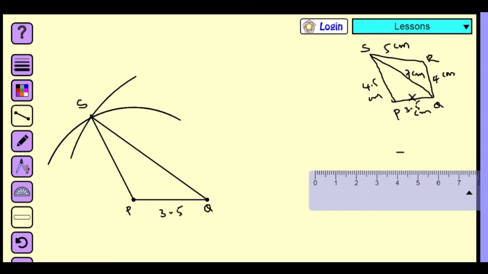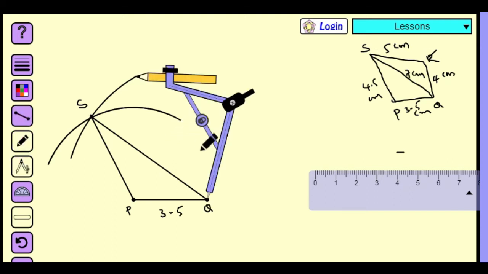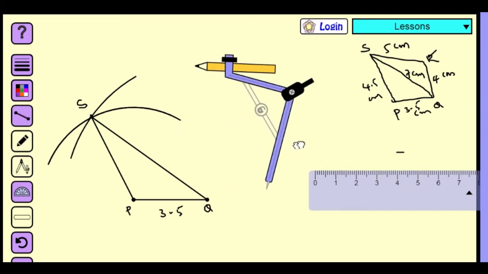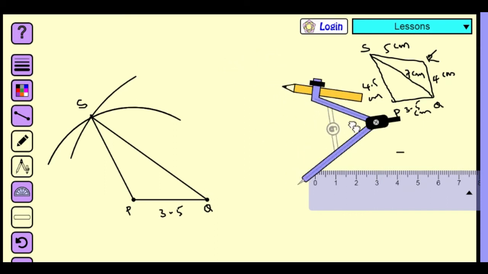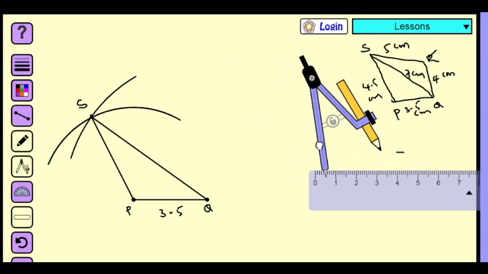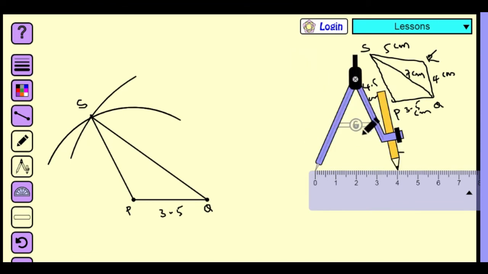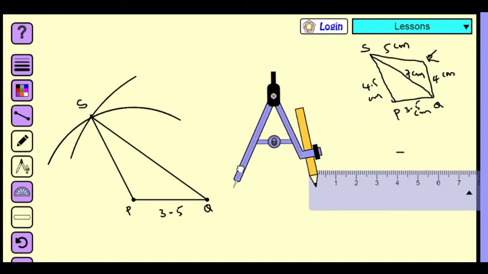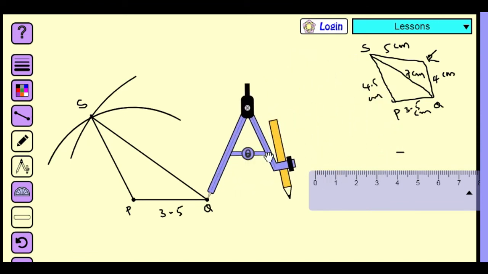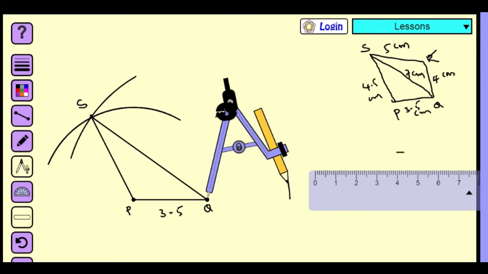Again, with Q as the center, draw an arc with 4 centimeters, and with S as the center, draw an arc with 5 centimeters. For that, take the compass and set the radius as 4 centimeters. Now with Q as the center and radius 4 centimeters, draw an arc.